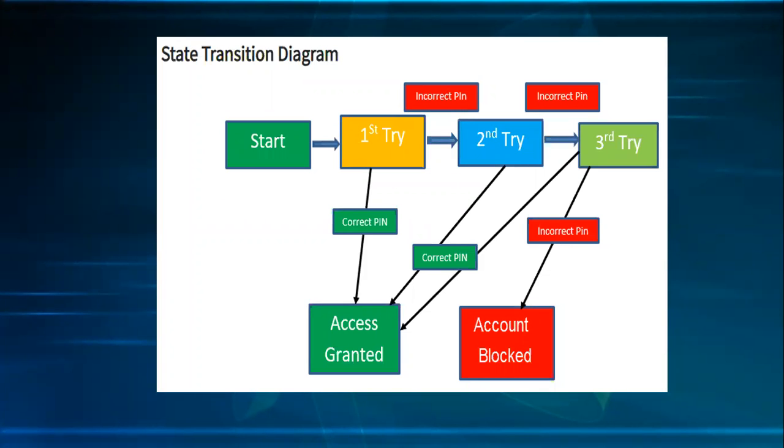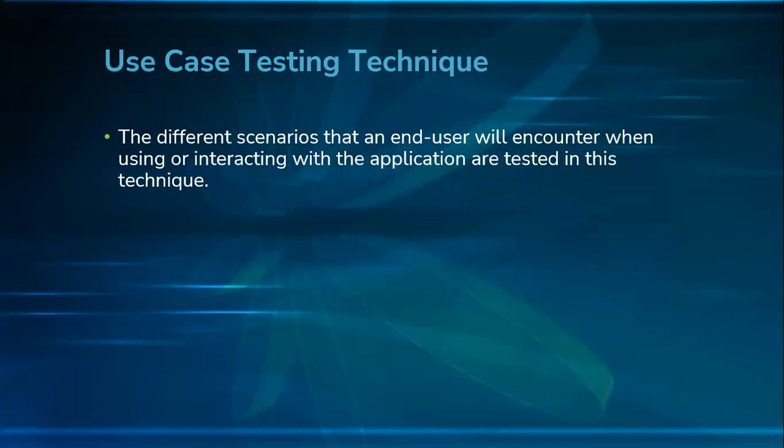So that leads us to the final part of the techniques, which is the use case testing technique. The different scenarios that an end user will encounter when interacting with the application are tested in this technique. So all the techniques we have been doing, mainly they are the use cases, like the actors there, how we are testing.